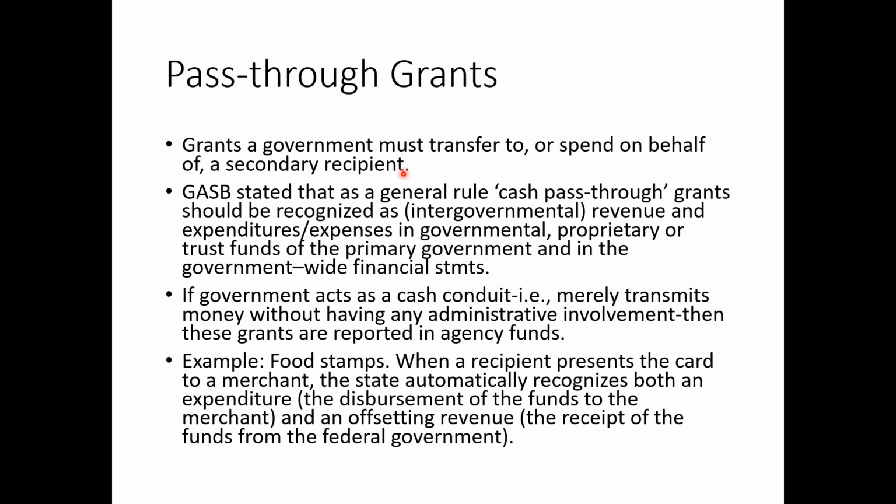So for the state, it's just a pass-through grant. GASB stated that, as a general rule, cash pass-through grants should be recognized as intergovernmental revenues and expenditures, or for government-wide, expenses.